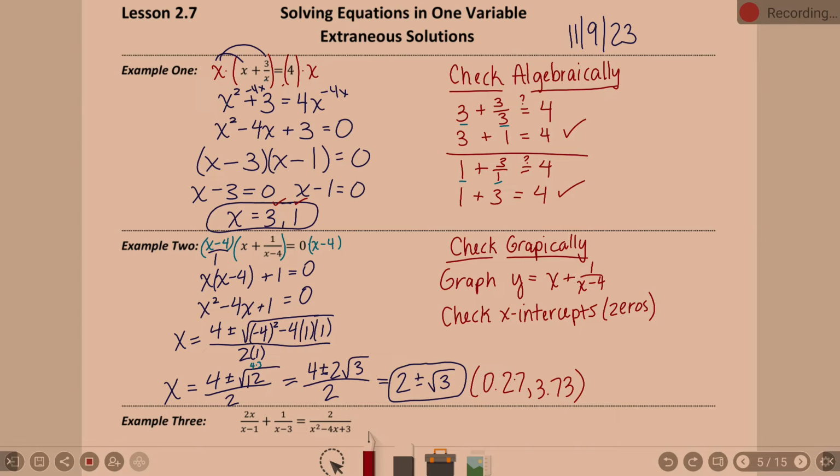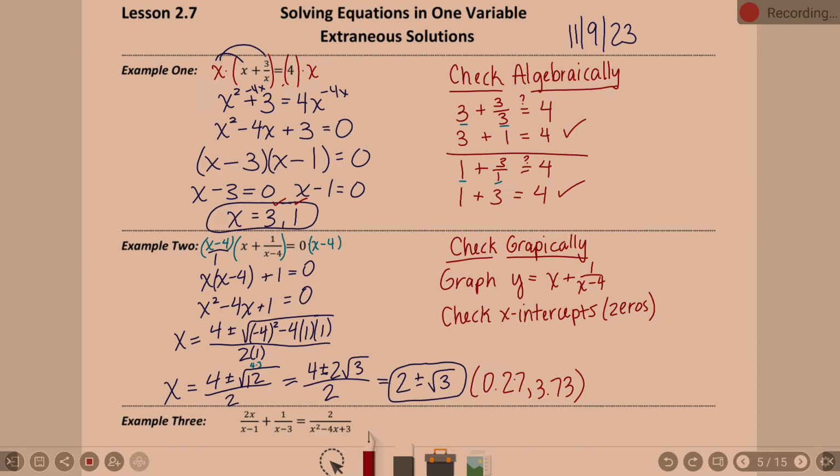But here's another thought. You just go to trace, and you type in 2 plus the square root of 3. So if you just hit trace on the regular graph and type in 2 plus square root of 3, notice it pops up. It changed me to a decimal there, but where does it tell me that point is? At 0.